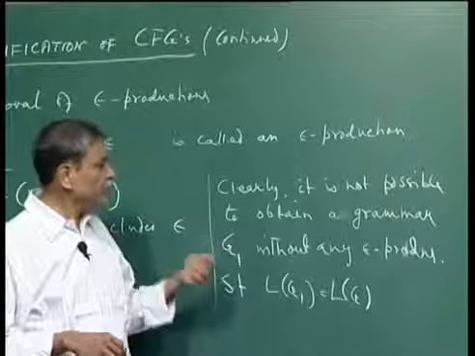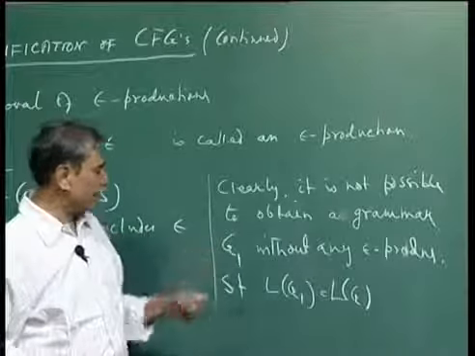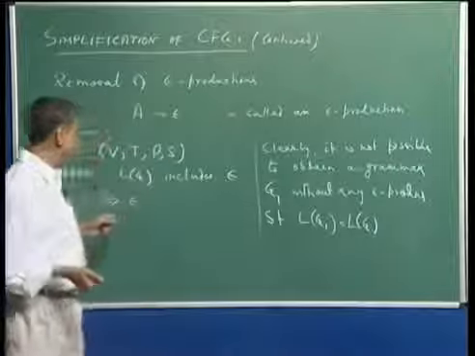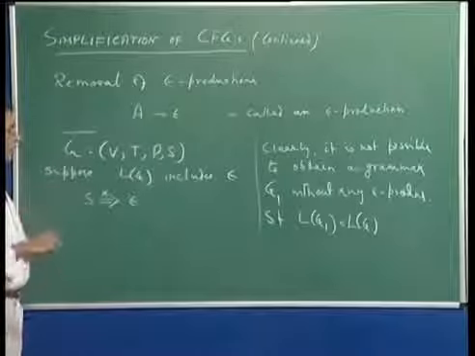So, the only way you could generate this string epsilon is by having epsilon productions.